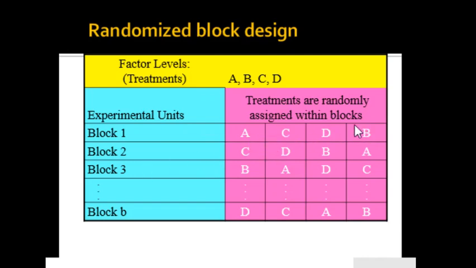So again, this is randomized, so we don't want to put them in order. Maybe by the time the worker is doing the fourth assembly, he gets tired or slowed down, so we want to make sure this is also randomized.